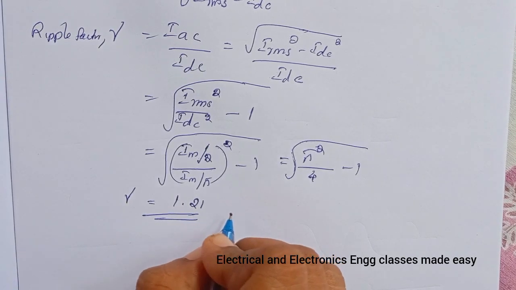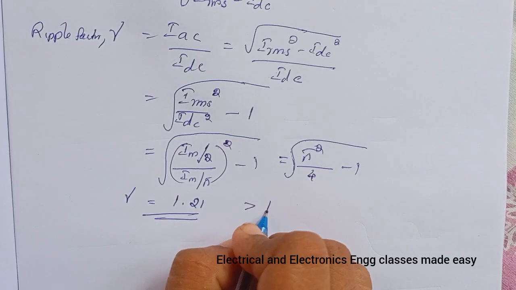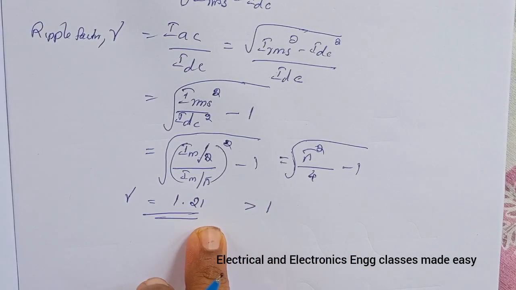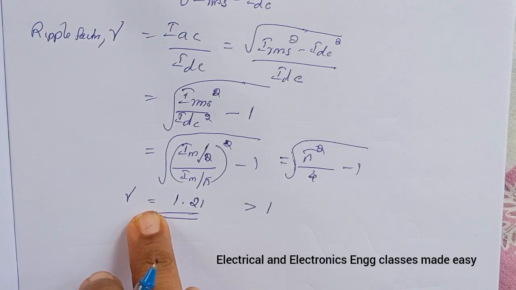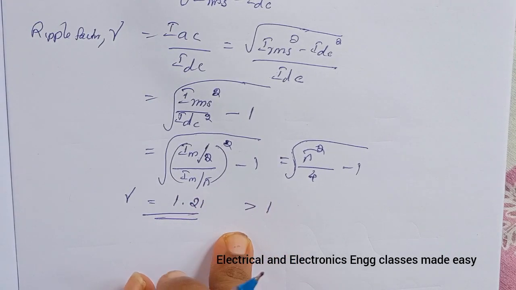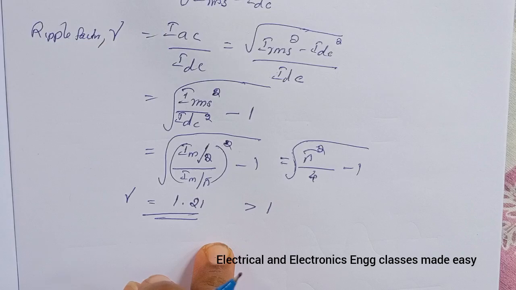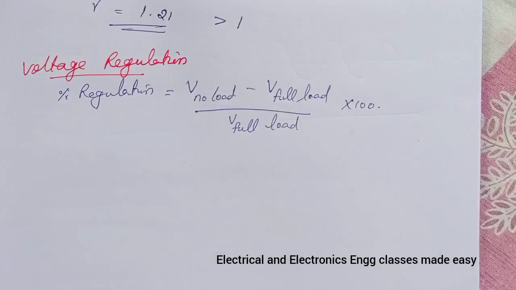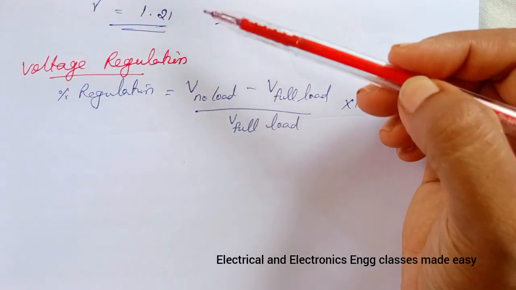Since gamma is greater than 1, it shows that the RMS value of the AC component of the wave is greater than the DC value of the wave. Hence, the half-wave rectifier is a poor device for the conversion of AC voltage into DC voltage. Next is voltage regulation.